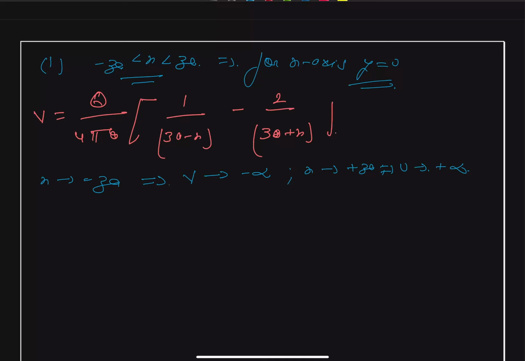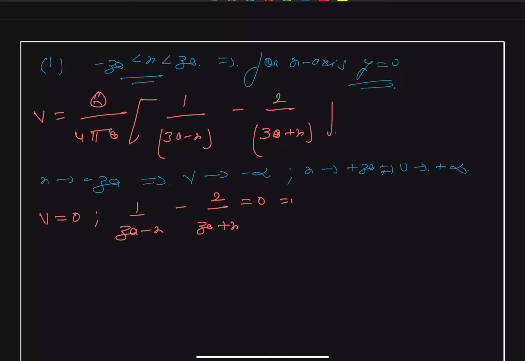Let's find out the point where this potential is equal to 0. So we can say V is equal to 0. We can easily sort it out. This comes as 3a minus x minus 2 over 3a plus x is equal to 0.